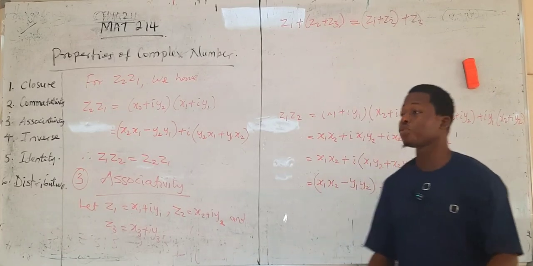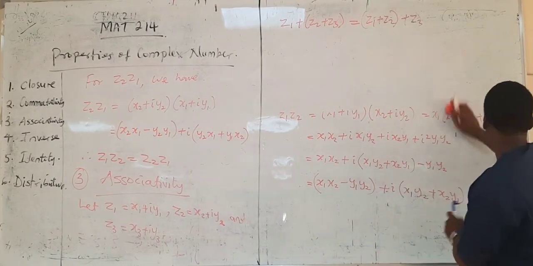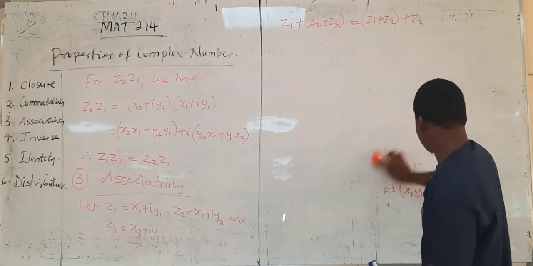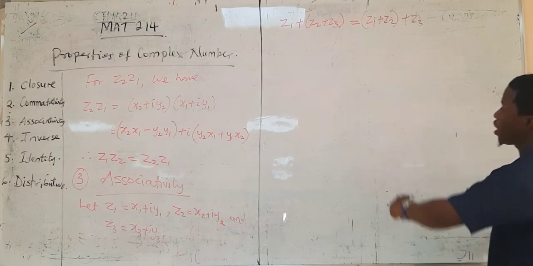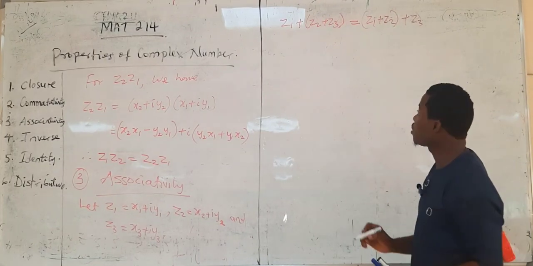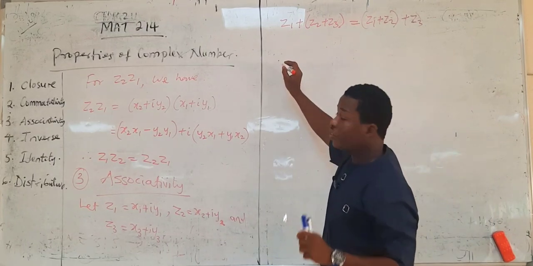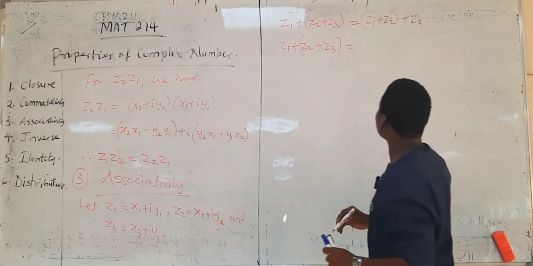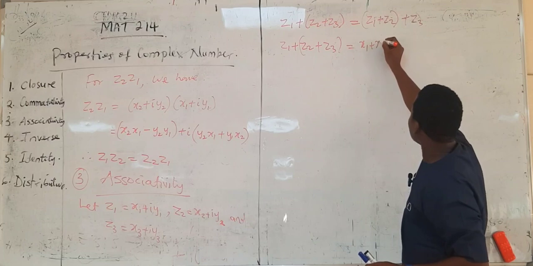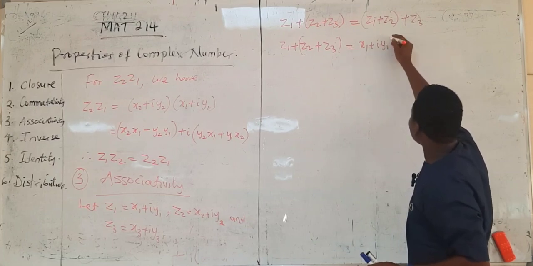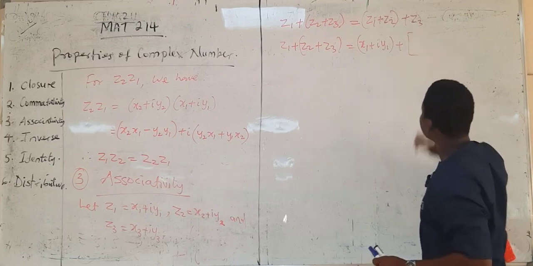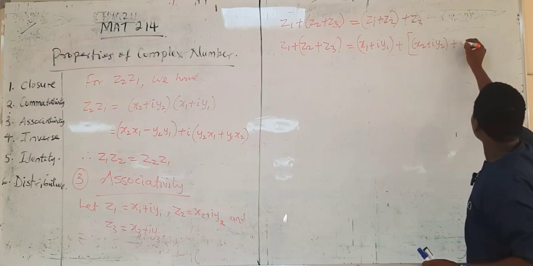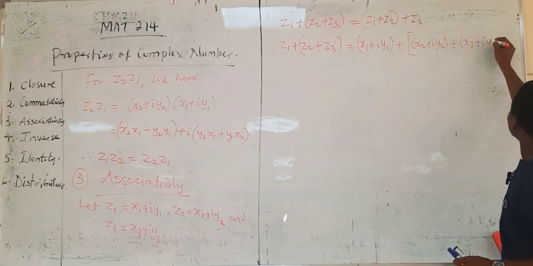Now the next one is to prove that this is equal to this. So here for the left hand side, z1 plus z2 plus z3 is equal to x1 plus iy1 plus x2 plus iy2 plus x3 plus iy3.